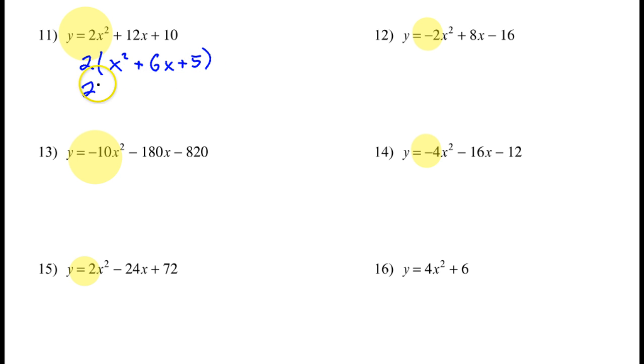Just leave that 2 out in front. Okay. Go ahead and complete the square. Half of 6 is 3. 3 squared is 9. Five minus 9, negative 4. Or you can think 9 minus what is equal to 5, same thing.